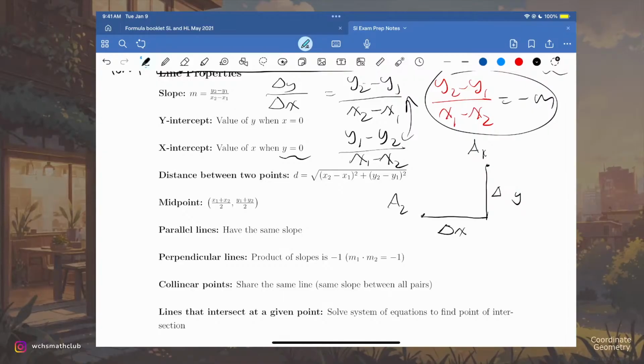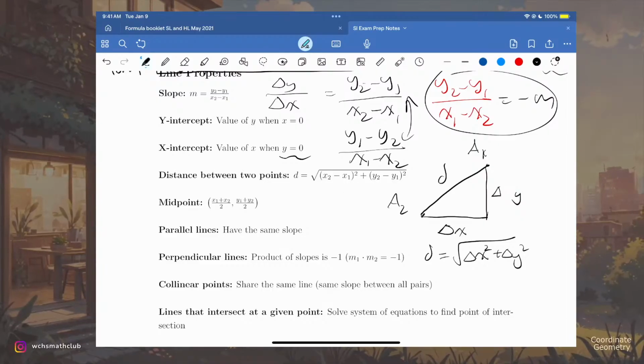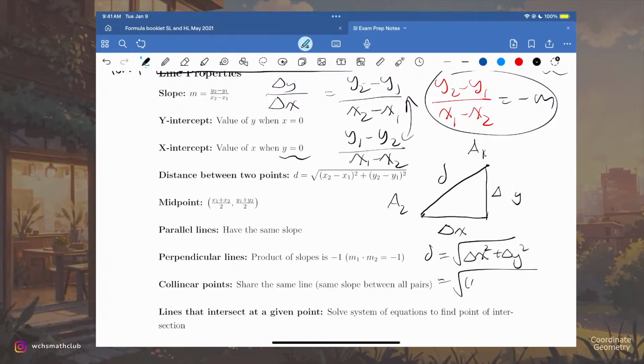If we use Pythagorean theorem, we find that d equals square root of delta x squared plus delta y squared. And delta x obviously equals x2 minus x1 by definition, and delta y equals y2 minus y1 by definition as well. So then we get this formula. So d is equal to the square root of x2 minus x1 squared plus y2 minus y1 squared.